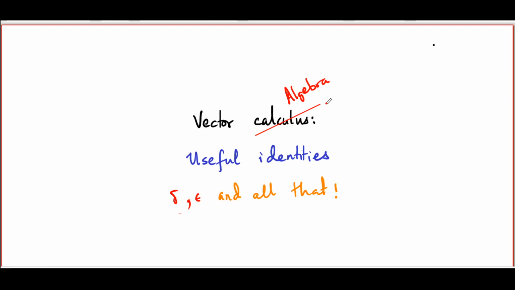Even if the delta symbol and the epsilon symbol are new things to you, it is well worth your time and effort to learn about them because they will make your life a lot simpler in the future. In addition to these symbols, we will need to meet a famous convention, the so-called Einstein summation convention.